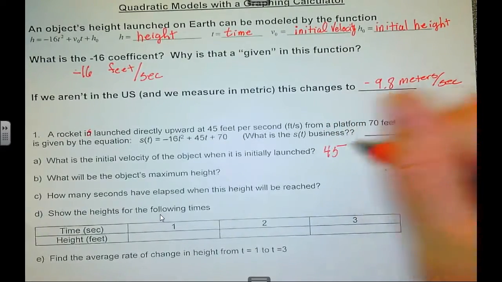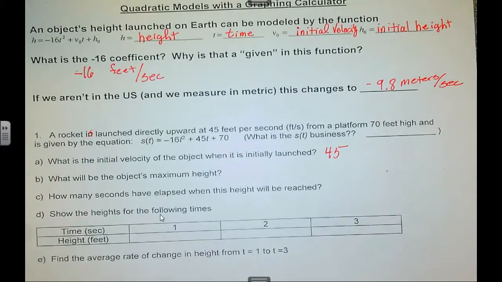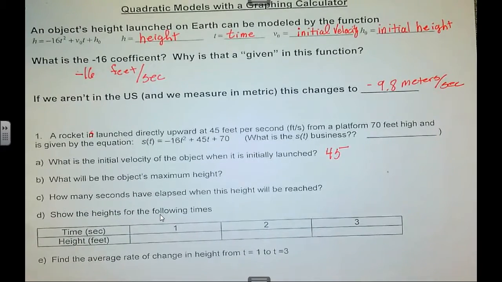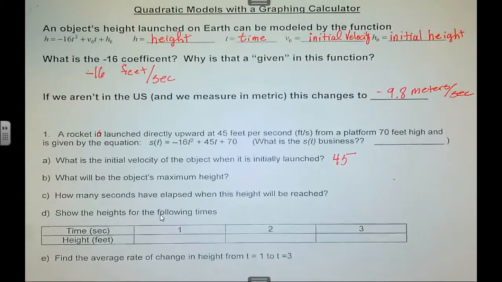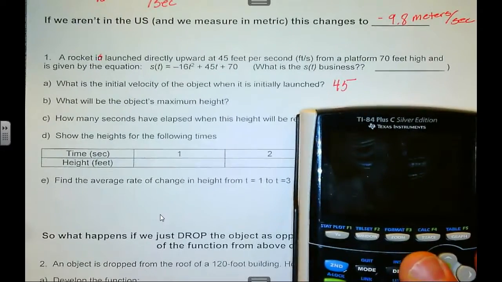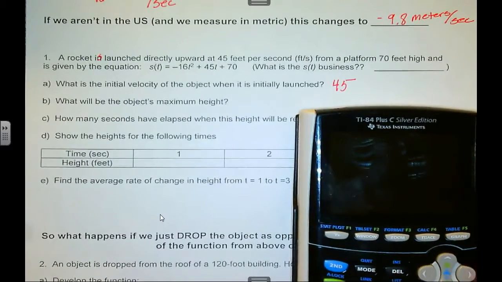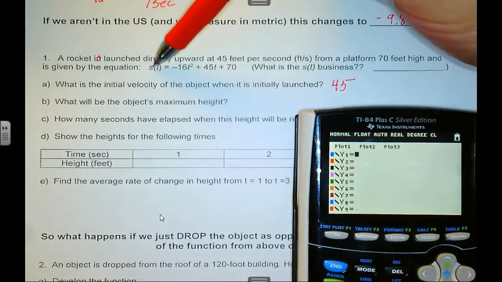What will be the object's maximum height? Well, how do we figure that out? How do we figure this out? I know. Let's put it in our calculators. Okay, so here's my equation.